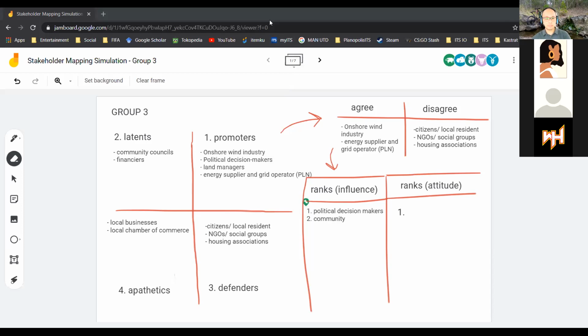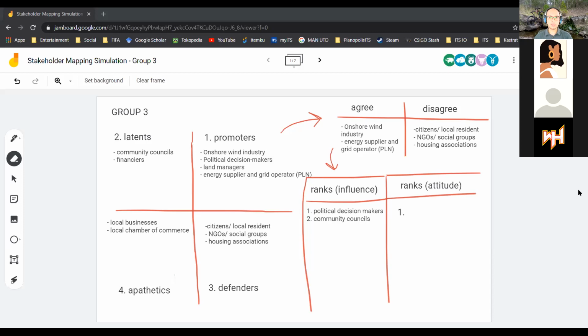Sir, I would like to ask something, sir. Sure. In the presentations before, you mentioned key stakeholders. What I want to ask is, are the key stakeholders also included in the quadrants or no, sir? Okay. Key stakeholders vary from project to project.